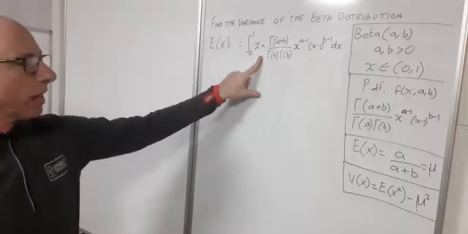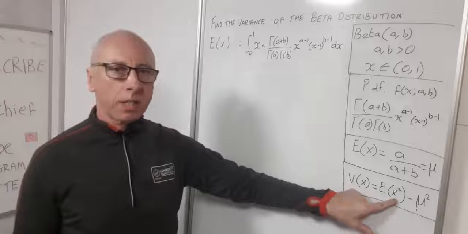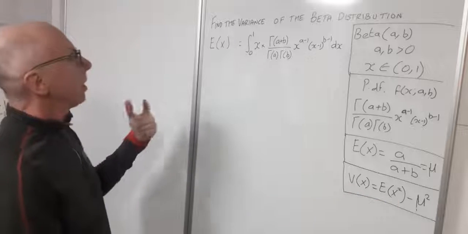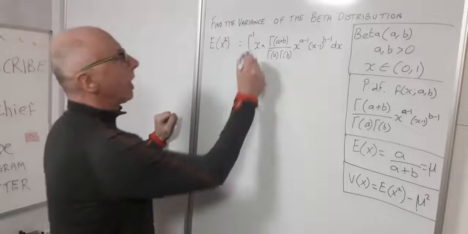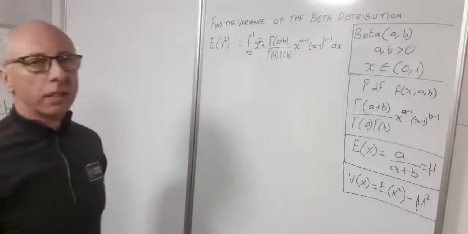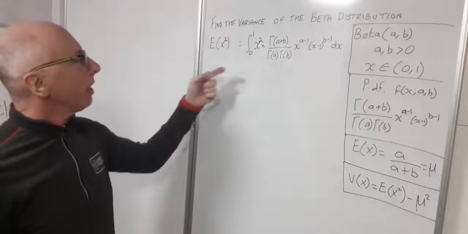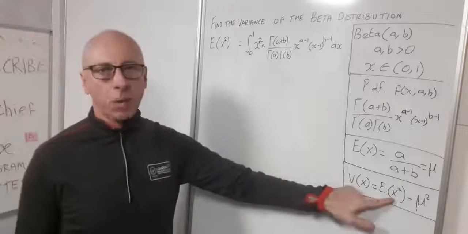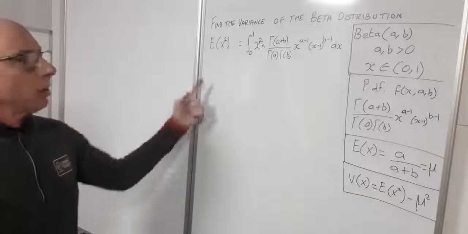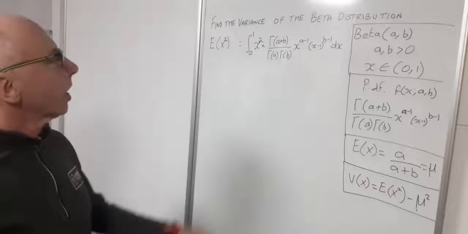So that was E of x, but we need the expectation of x squared. So what we can do is write an x squared term there and an x squared term there. That will set us on our way. The result of this integral will give us our E of x squared. So let's do that.